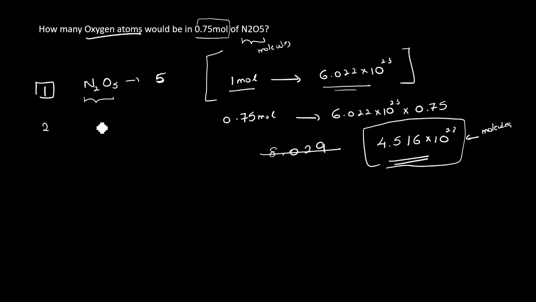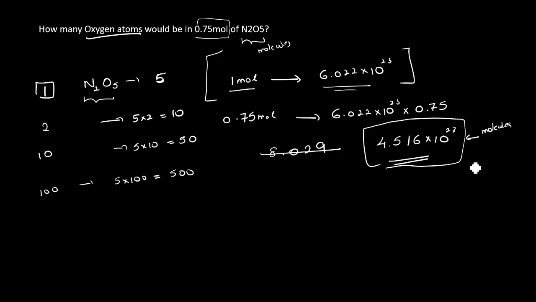If you get 2 molecules, you have 5 times 2, 10. If you get 10 molecules of nitrogen pentoxide, you get 5 times 10, 50 atoms of oxygen. If you get 100, you have 5 times 100, 500 atoms of oxygen.